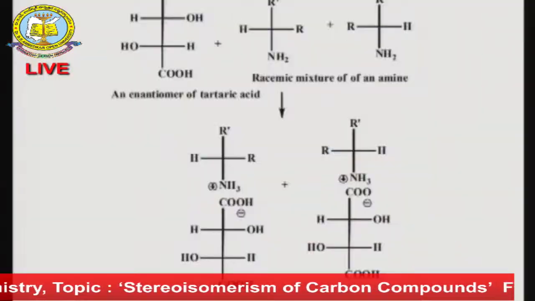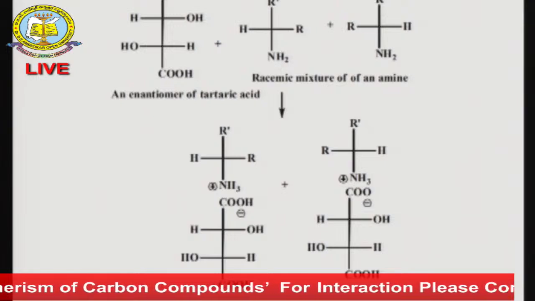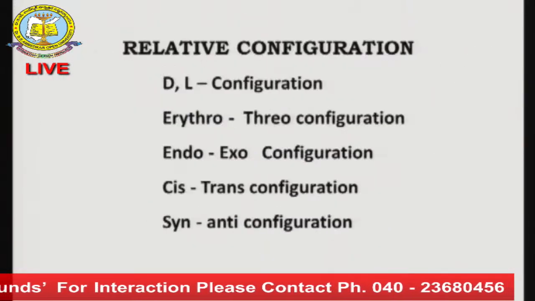Here you can see in the equation, when the amine derivative reacts with both isomers of tartaric acid, it converts into the acyl derivatives, and upon hydrolysis both are separated as pure enantiomers, right.